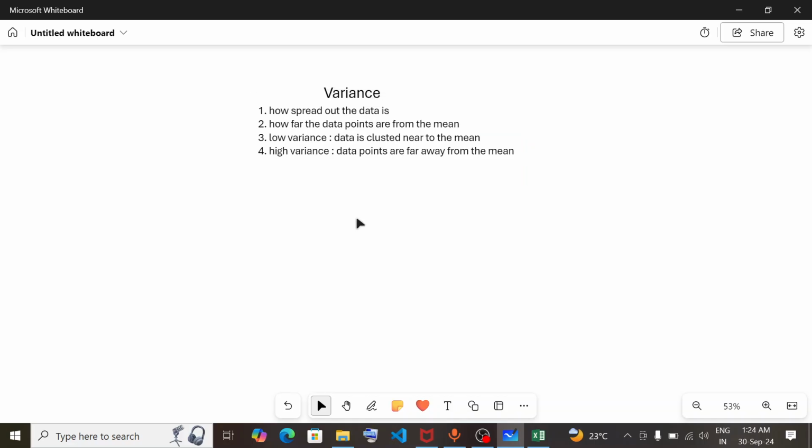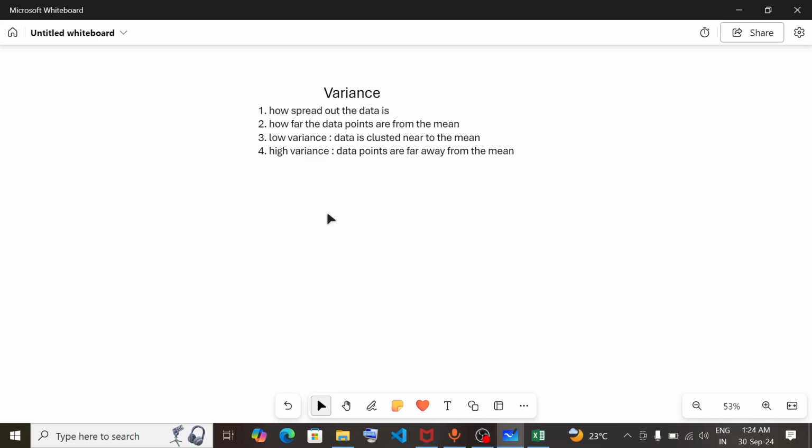Okay, so let's revise from the start. Variance is a measure of dispersion, and measures of dispersion are useful to understand the distribution of data. Variance is especially useful to understand how spread out our data is. It gives you the idea of how far the data points are from the mean.